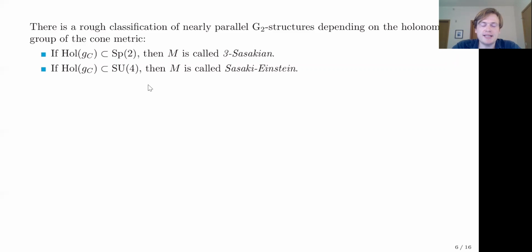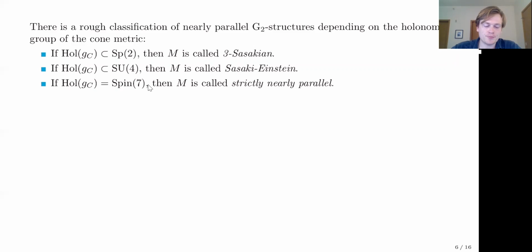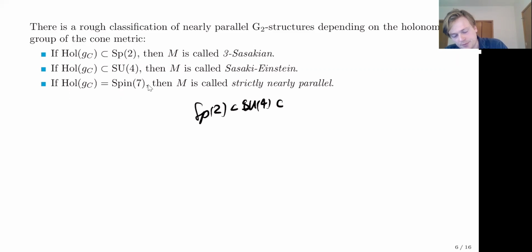If the holonomy group is contained in the larger group SU(4), then M is called a Sasaki-Einstein manifold. And finally, if the holonomy group is equal to Spin(7), then M is called a strictly nearly parallel G2 structure. So we have this chain of possibilities for the holonomy group: Sp(2), which is a subgroup of SU(4), which is a subgroup of Spin(7).